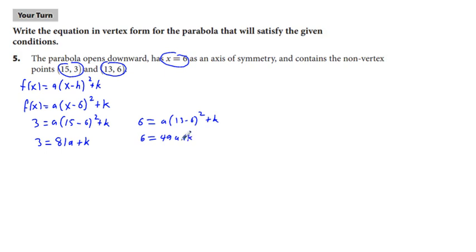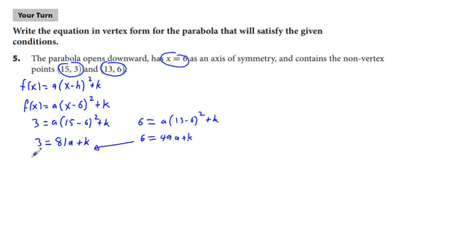So what we have here is two equations, two unknowns. So the first thing we're going to do is subtract one equation from the other. So I'm going to take this one here, put it right below.